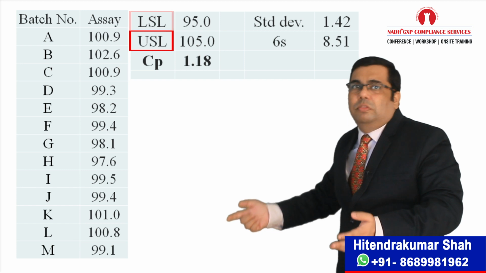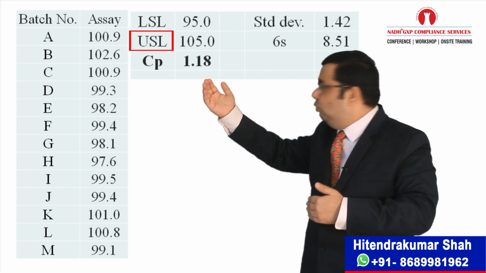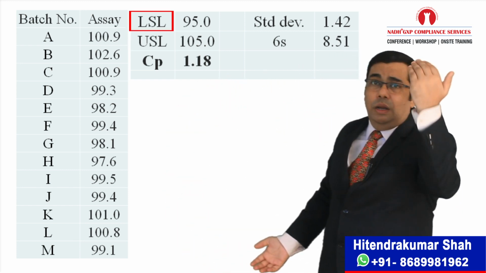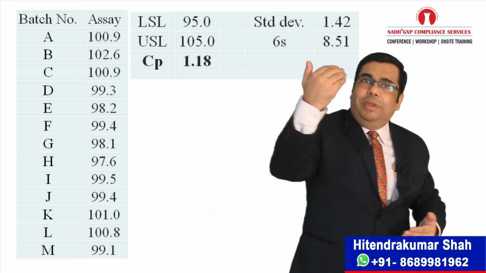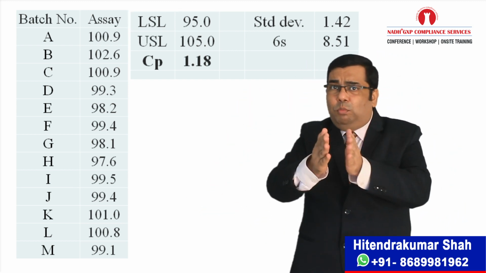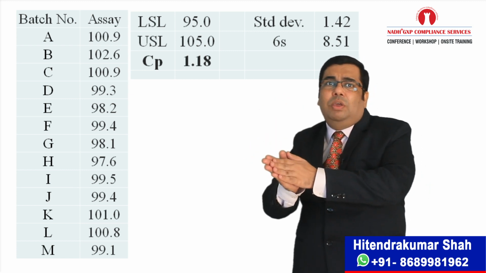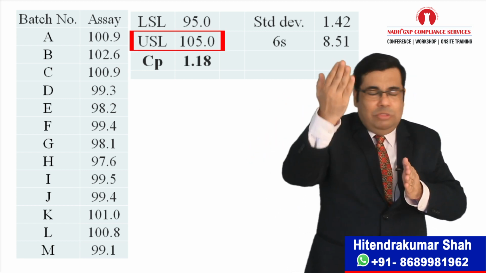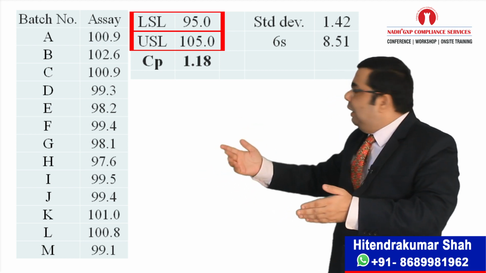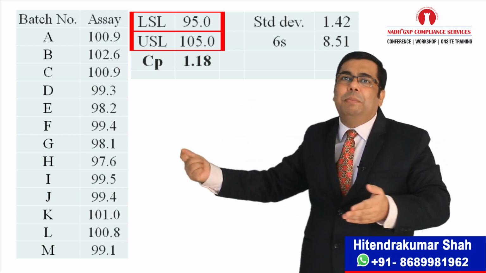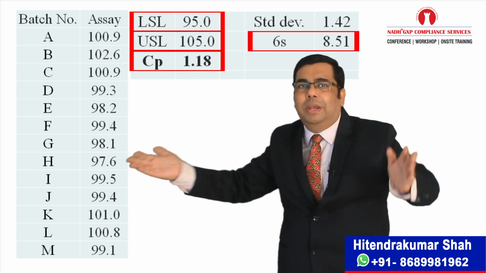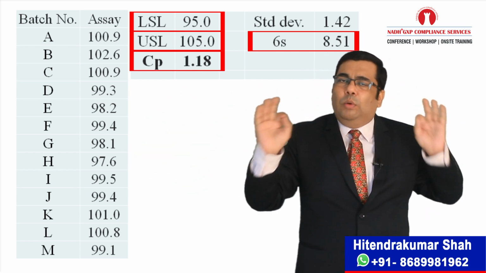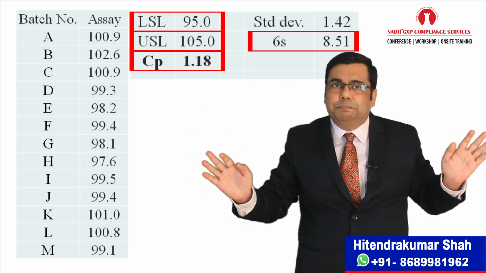The upper specification limit for assay is 105%, while the lower specification limit is 95%. If we put this in the formula, CP is equal to upper limit 105 minus lower limit 95, divided by 6 sigma, and we get a CP value equal to 1.18. The calculation of CP is very simple.